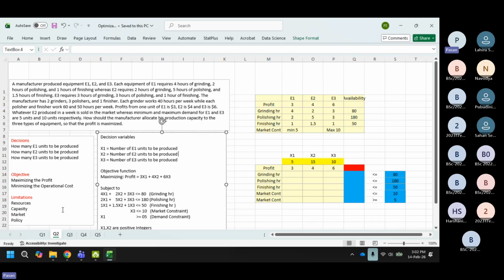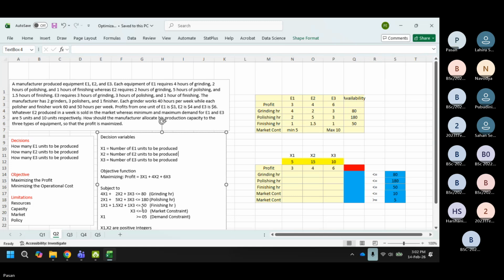So in terms of grinders, one works at 40 hours and two of them, that's why it is 80 here. And then the polisher has 60 hours, but three of them are there, so it is 180. And then the finisher is only one, so that is 50. So that's how these three numbers are there, right?